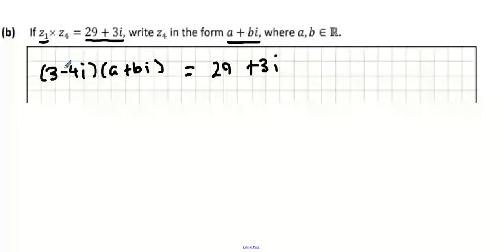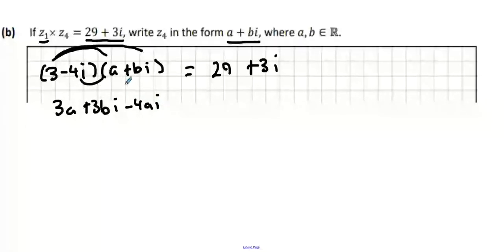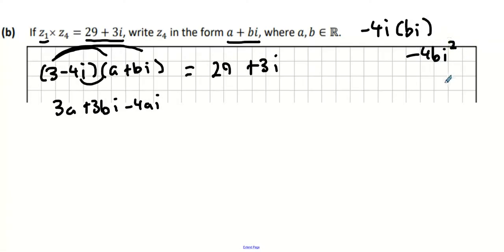We multiply it out. 3 times a is 3a, 3 times b is 3bi, minus 4ai, and then minus 4i times bi is minus 4bi squared. i squared is minus 1. Minus 1 multiplied by minus 4 is plus 4b.